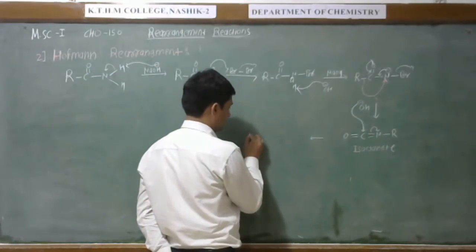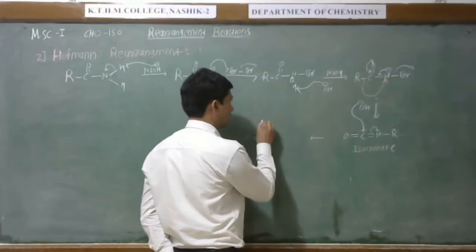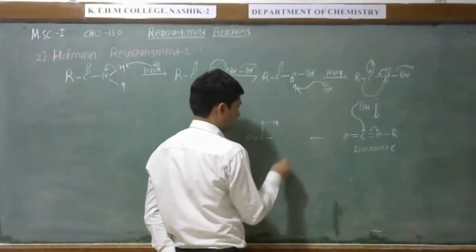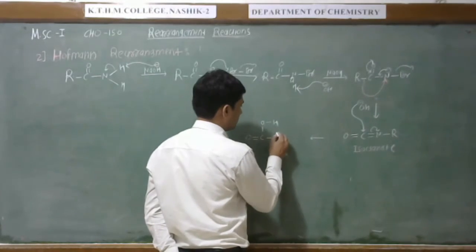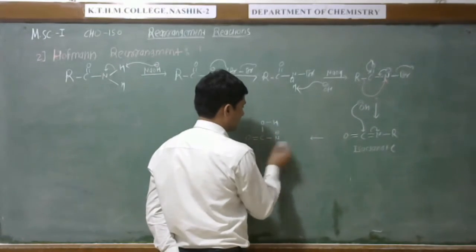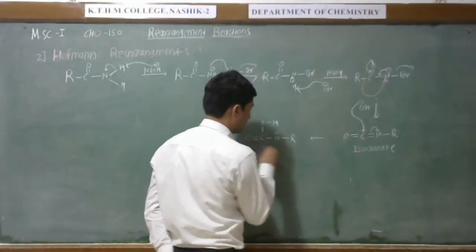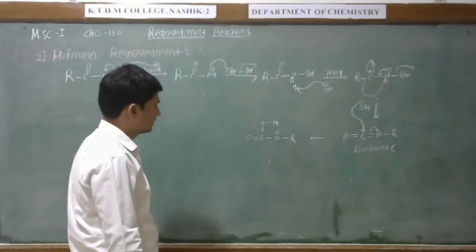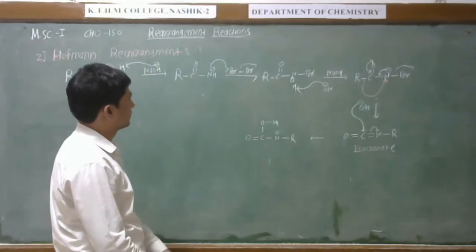So this is oxygen, this is the double bond carbon, this carbon has the OH here, this is the nitrogen which has a negative charge, and this nitrogen has R. As we use water here, water is also formed.